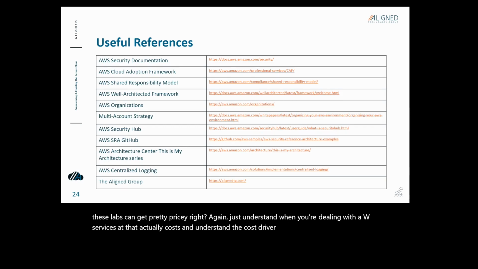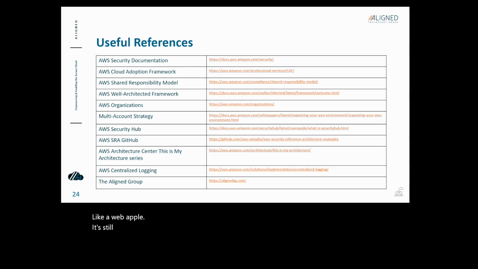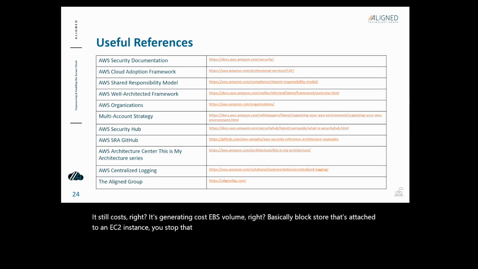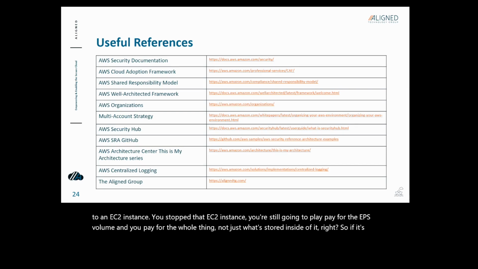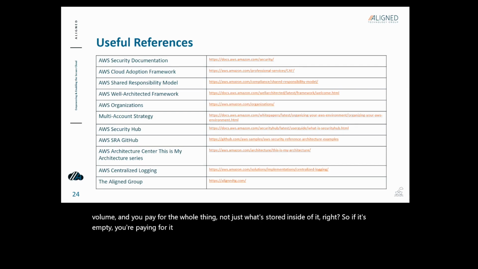When you provision some services, even if you don't attach it to a resource like a web ACL, it still costs, right? It's generating costs. An EBS volume is basically block storage attached to an EC2 instance. You stop that EC2 instance, you're still going to pay for the EBS volume. And you pay for the whole thing, not just what's stored inside of it. So if it's empty, you're paying for it. Terabyte, you're paying for it, right?